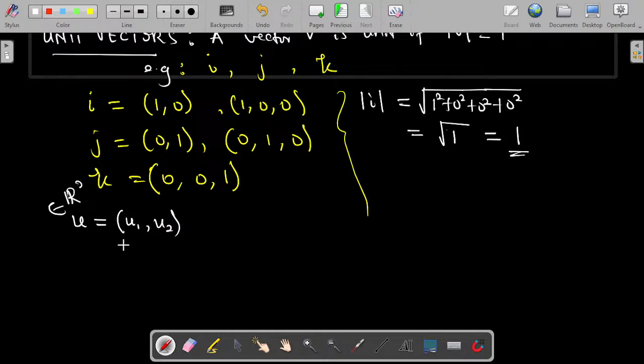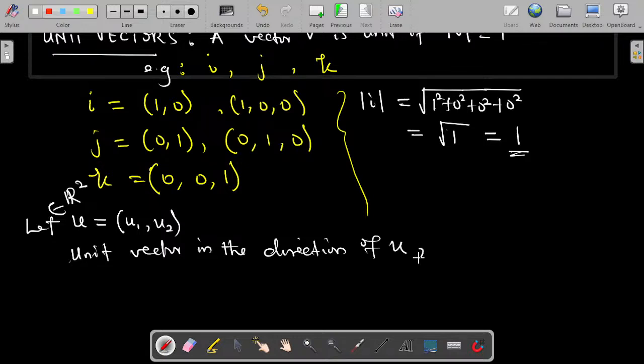Yesterday we said that if a vector is in R2, it means it has two components. Let's assume that u is in R2. We know that this vector is not a unit vector, and we want to get a unit vector in the direction of u.